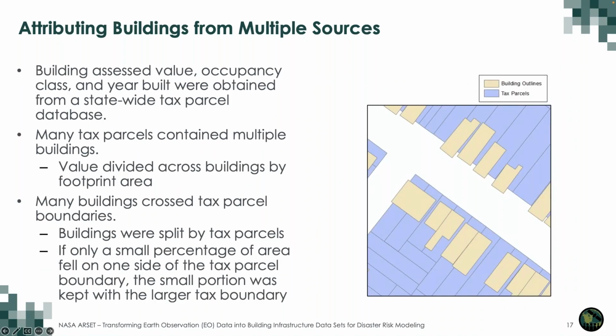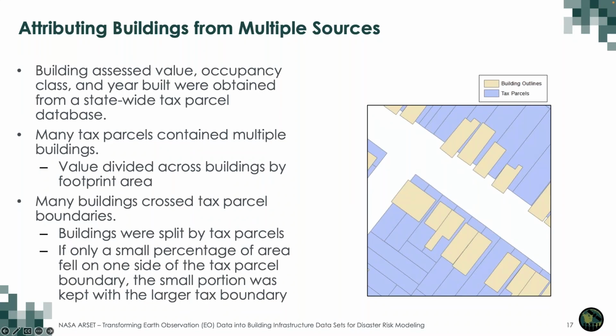So the other thing we needed to do was assign building value and building occupancy class, or the use, to each individual building footprint. So fortunately, we obtained permission to use a statewide building data set on tax parcels. So on the right, you see those bluish purplish polygons that are the tax parcels, and overlaying on top of those are the building footprints that we created.